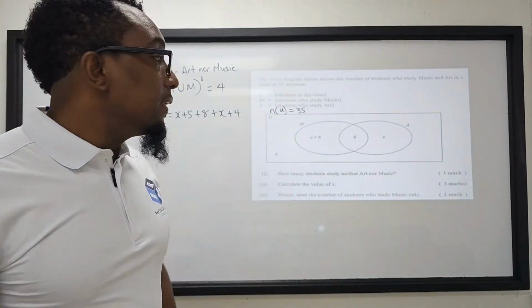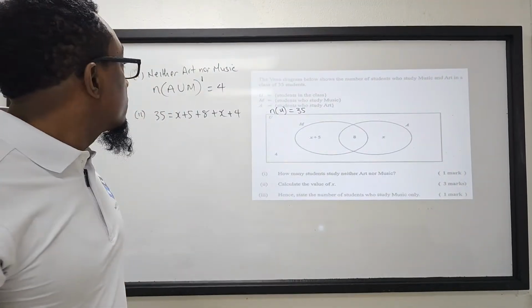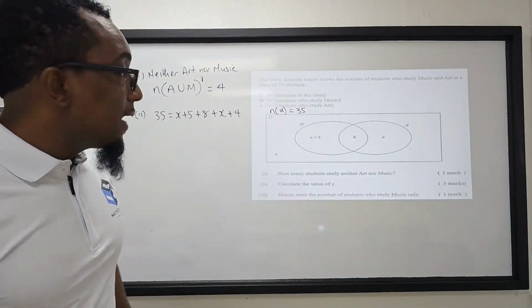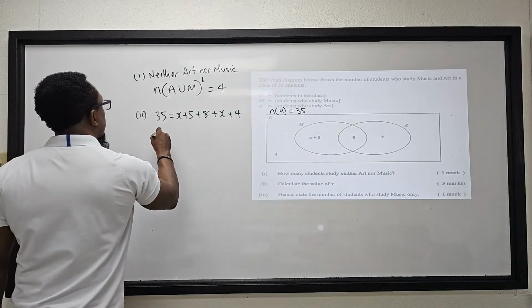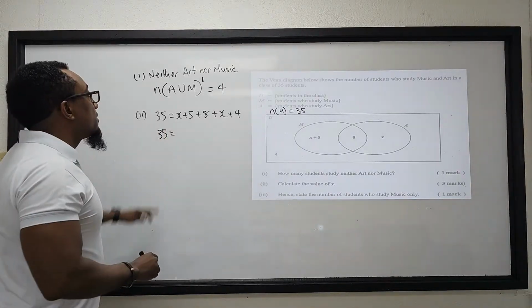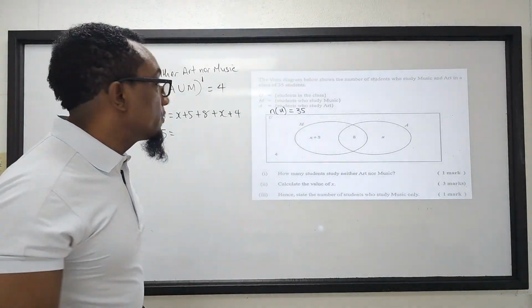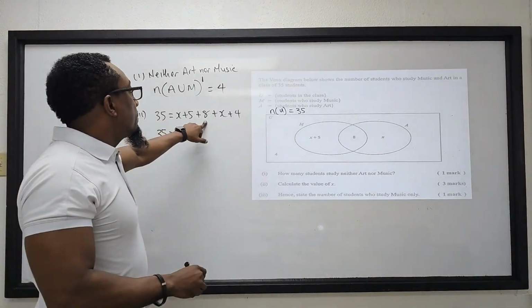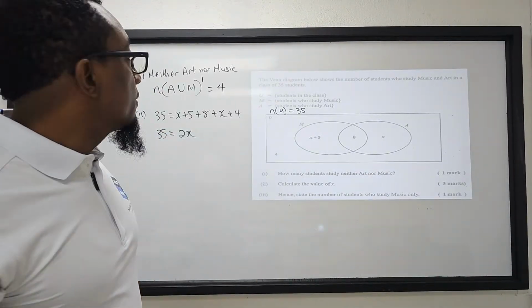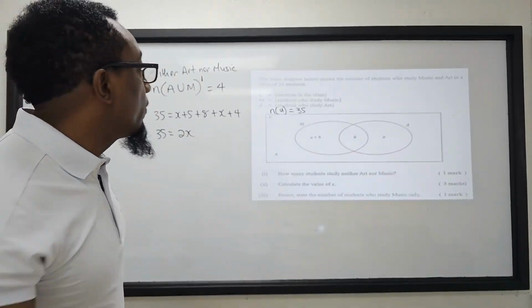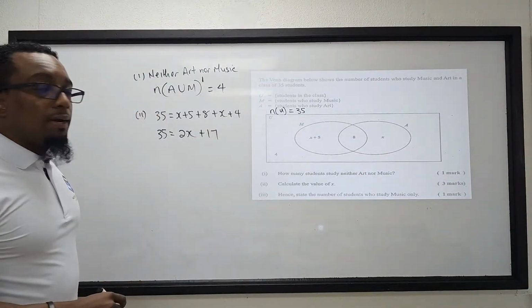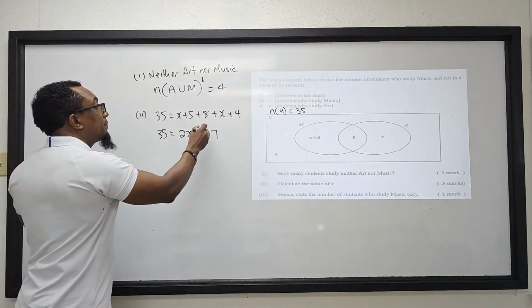And what we can do is obviously solve the equation. You can comfortably find X, testing your knowledge of solving equations. And this will be what? 35 is equal to X plus X, which will give us 2X. This is 5 plus 8, which is 13. 13 plus 4 will give us 17. I'm going to subtract 17 from both sides.